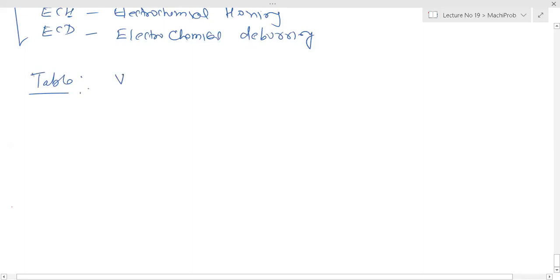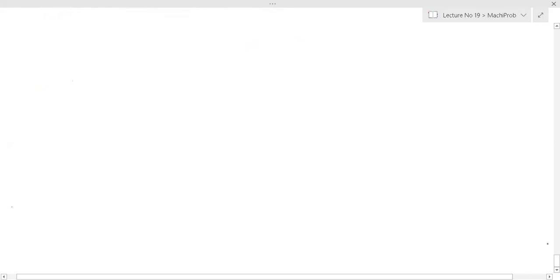This table is very important, because if you understand this table, you understand everything. It gives you a complete understanding of the mechanism of metal removal, energy type, and energy source of each advanced machining process. So you can solve GATE questions using this.